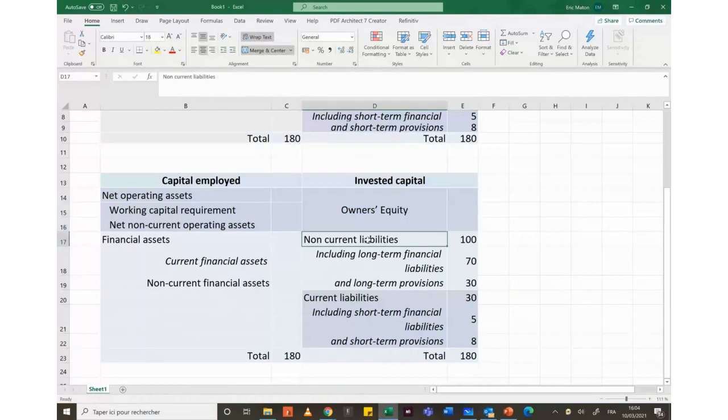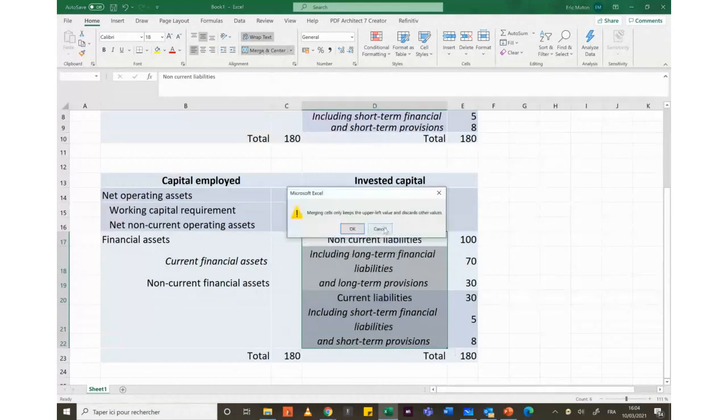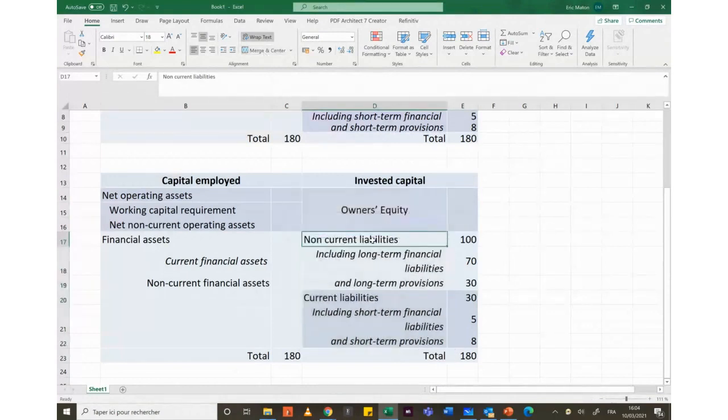And we have the financial liabilities, including the non-current provisions. We have the gross debt of financial liabilities plus non-current provisions.